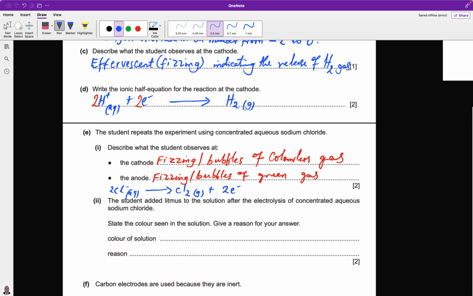That is what is going to happen there. So what is observed will be fizzing or bubbles of green gas. That is the chlorine gas that is produced at the anode.